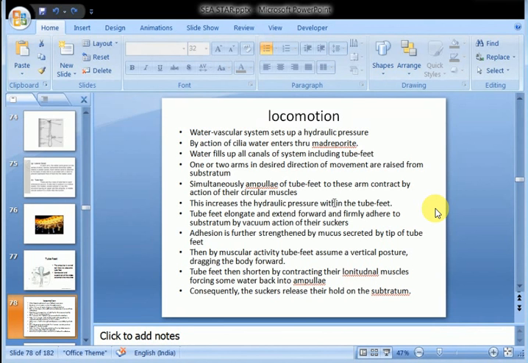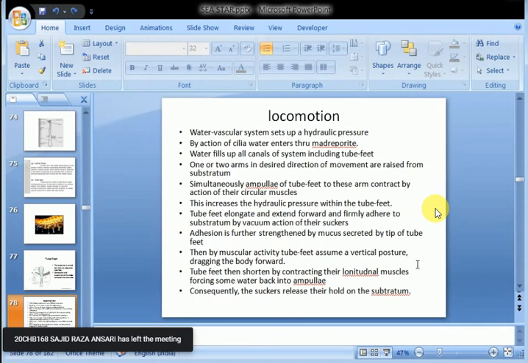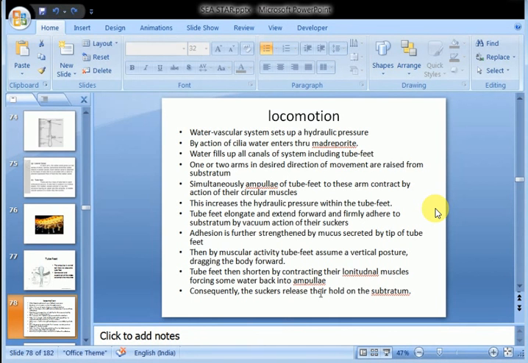So first the arms become free from the substratum, tube feet extend, then they become vertical, and the whole body drags behind. Tube feet then shorten by contracting their longitudinal muscles and forcing some of the water back into the ampulla. Consequently, the suckers release their hold on the substratum.